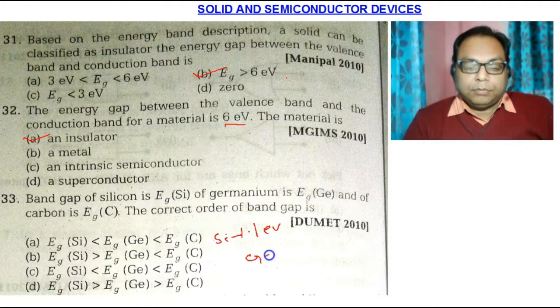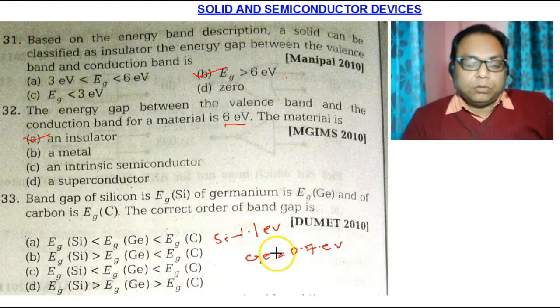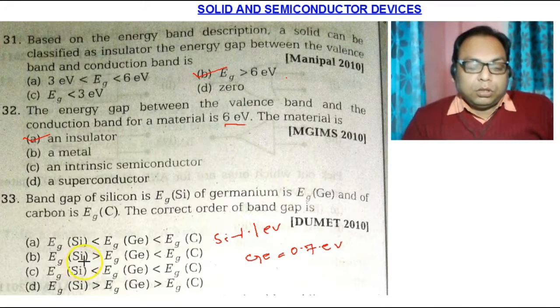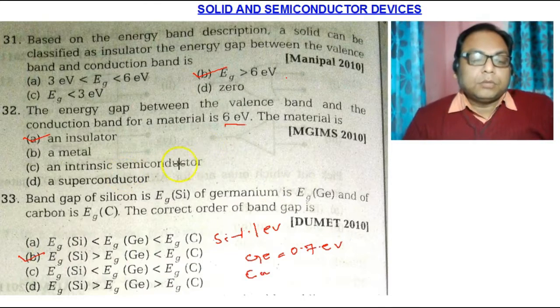For germanium, band gap is, I think, 0.7 electron volt. So the energy gap of silicon is greater than the energy gap of germanium. Similarly, the energy gap of carbon is also greater than germanium. So option B would be the correct option for this.